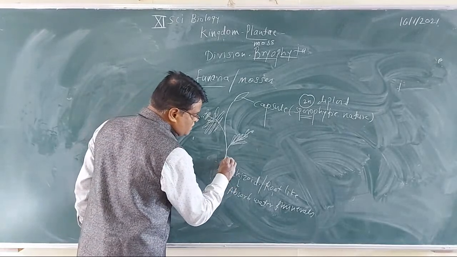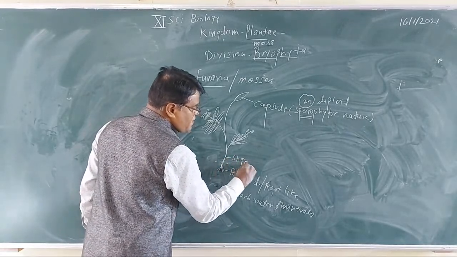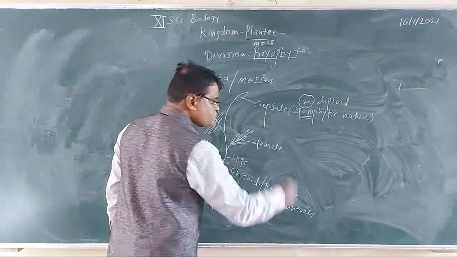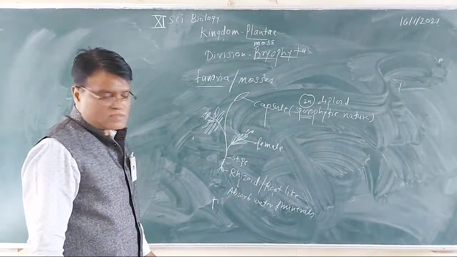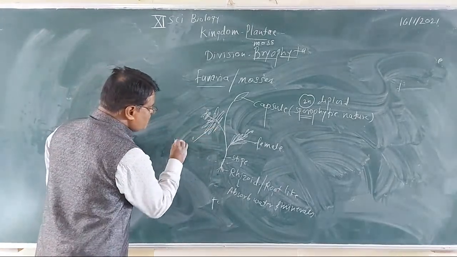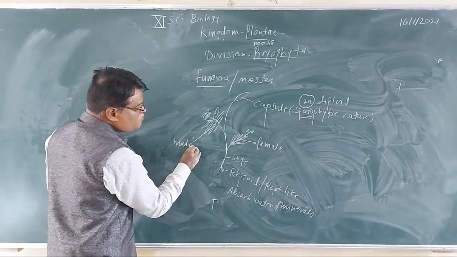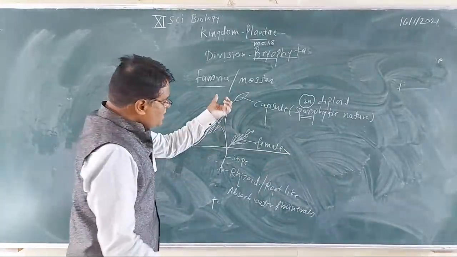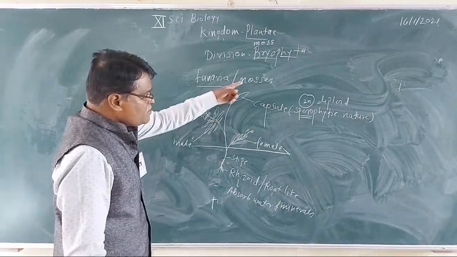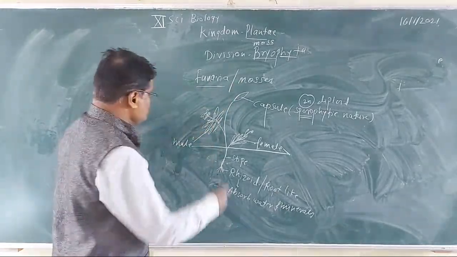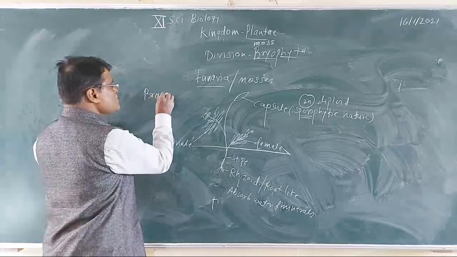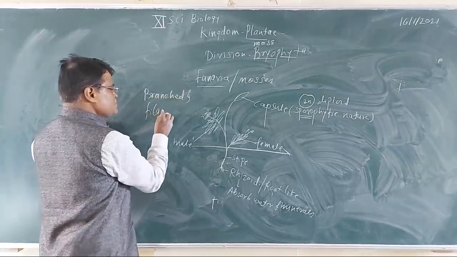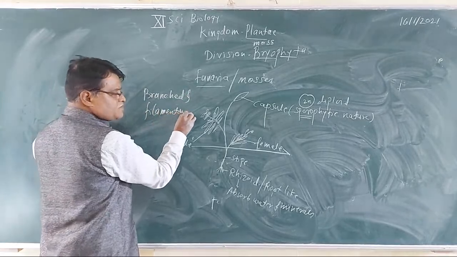Next, this one is the stem, and this one is the female gametophyte, and this one is the male gametophyte. So the male and female are both seen in a single moss, isn't it? Branching, no doubt. It is branched and filamentous, isn't it?